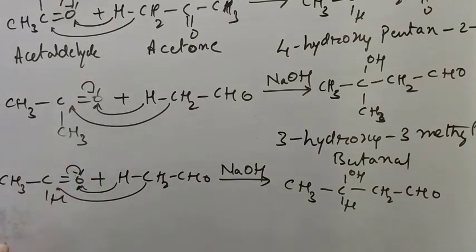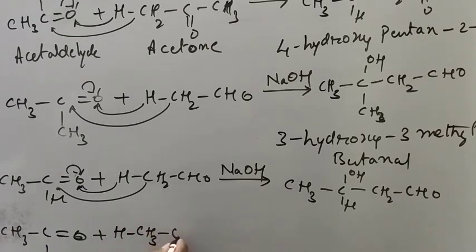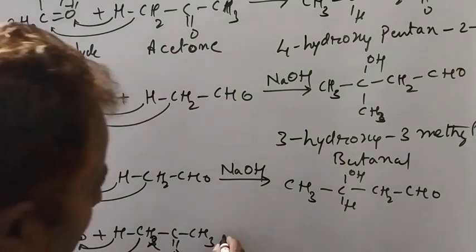Now, one more possibility, that is with two acetone molecules. So here, this is CH3 plus CH3 C double bond O single bond CH3. Therefore this bond shifts here. This hydrogen shifts and attacks the oxygen, and this CH2 group comes and attacks again.